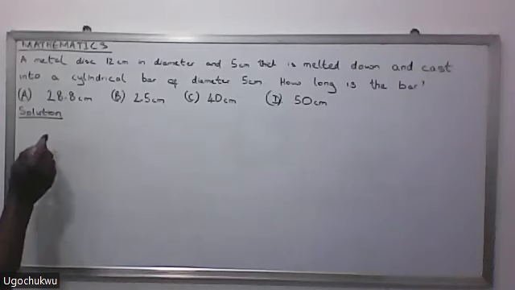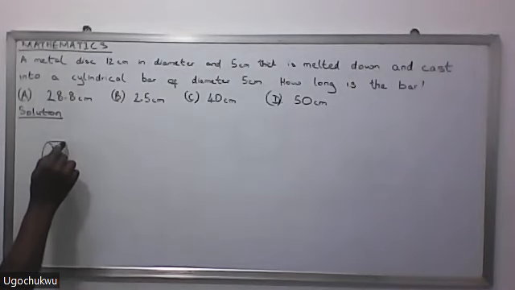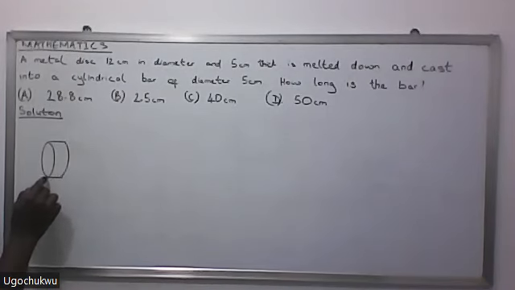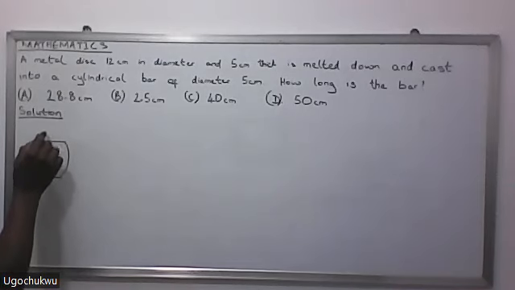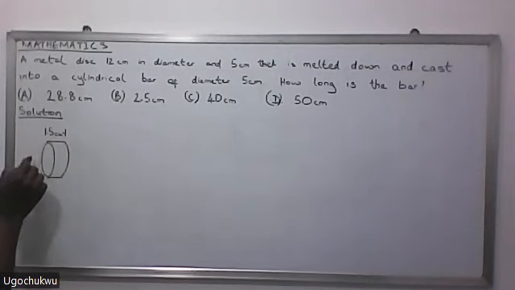And so let's say, for example, this is our disc. This is a disc of, it's 5 cm thick, and then a diameter of 12 cm.